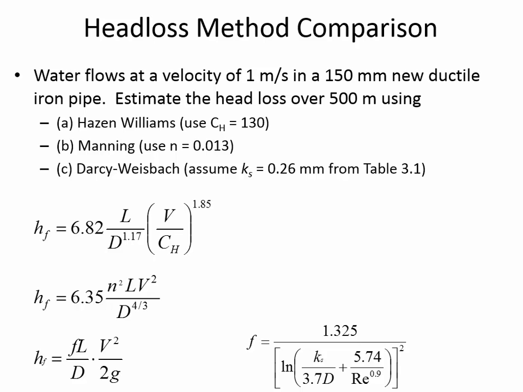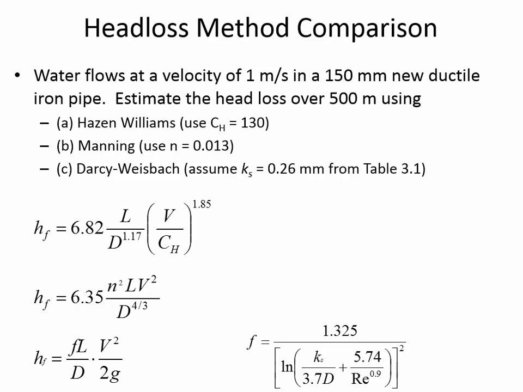h sub f is f L V squared divided by D 2g. So 0.0240, which is the f value, our length of 500 meters, the velocity squared, 1 meter per second squared, divided by the diameter, 0.15 meters, and then 2g, 2 times 9.81 meters per second squared.